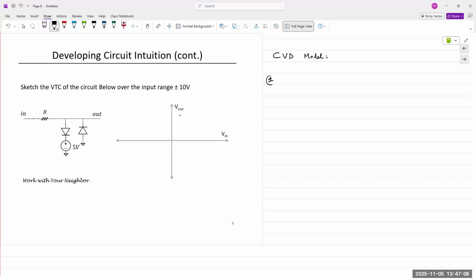Now we have 2 diodes, so there are 4 possible combinations, right? If we call this D1, and we call this D2, we have 4 possible combinations in the circuit: off and off, off and on, on and off, or both on.